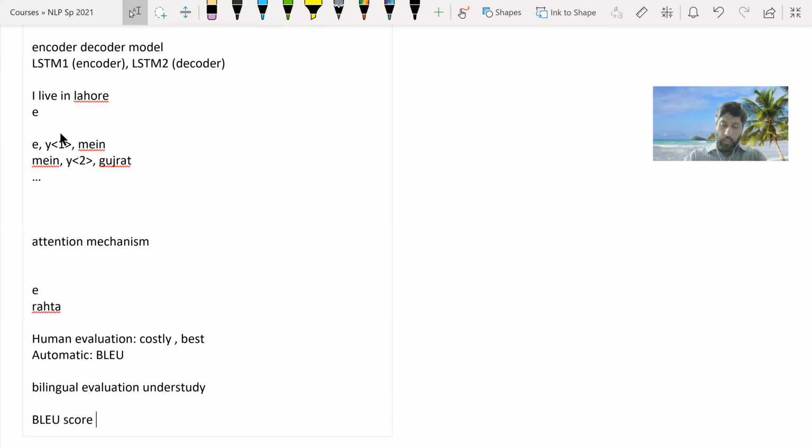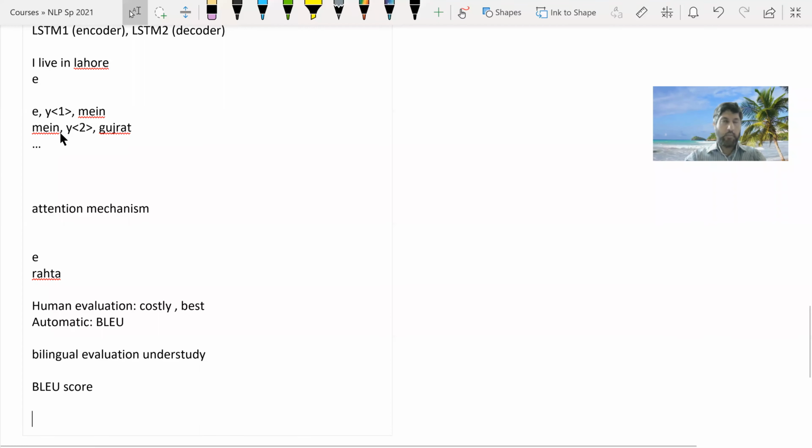And how do you judge your quality? For example, "I live"... you want to generate some output.